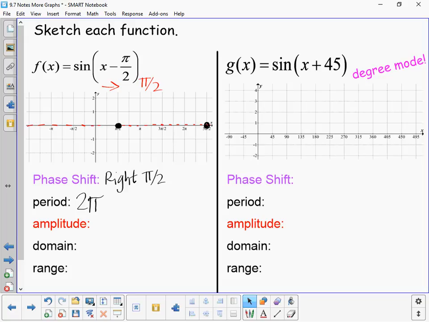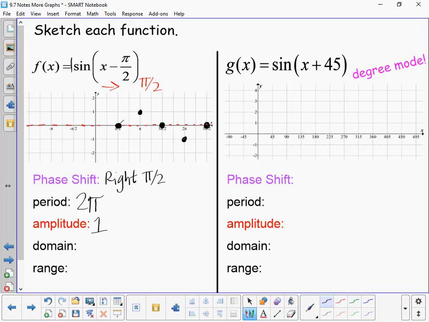Now once you get the beginning and the end point, you can just start cutting it in half like we did last time. So halfway in between these 2 points is going to be this point. Now we have our 3 zeros on the midline, and now we can finally use the amplitude. I didn't adjust the amplitude of this function, so it's the same as our base function, it's just 1. So between these two, up 1, between these two, halfway down 1.